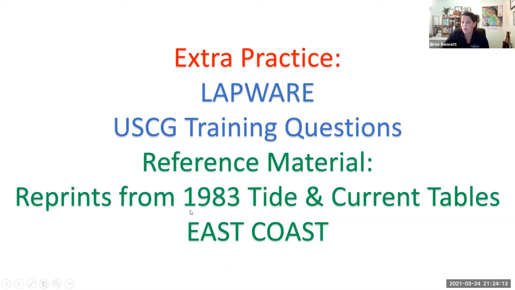I'm going to assume most of you don't have the 1983 tide tables for the East Coast, so I linked a digital copy for Coast Guard training exam purposes. If you want to practice, you can use that digital copy. They also have the 1983 tide and current tables at OCC if you want to go to the library and do some extra work. Up to you.